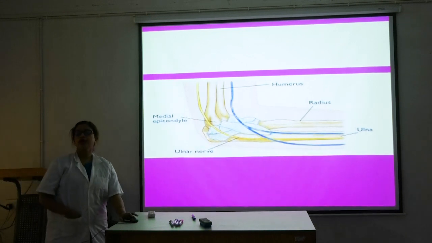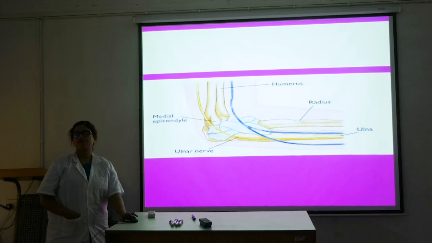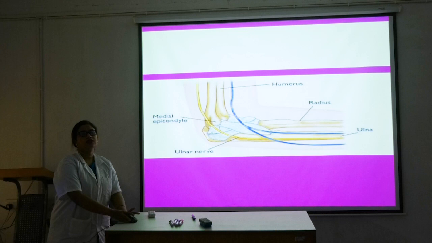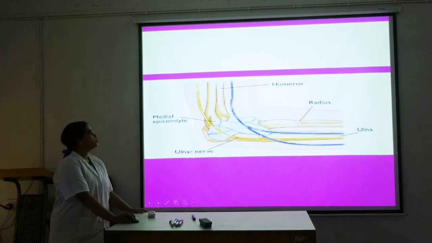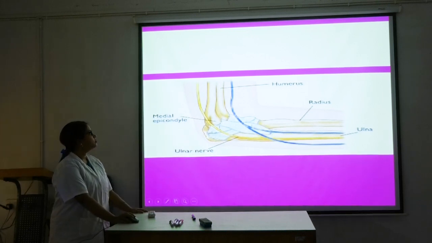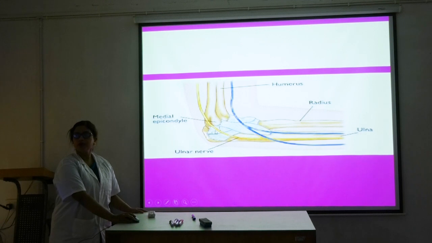Okay, so where? The ulna has already been taught. So this is the ulna, right? This is the radius, this is the ulna. So where you are seeing, this is the coronoid process.